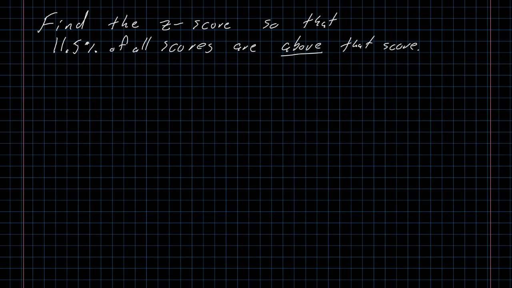Let's say now that we want to find a z-score so that 11.5% of all scores are above that score. This one is tricky in a couple of ways. First of all, we are given not a z-score, but an area. Second of all, it's not the area that the table tells us about.